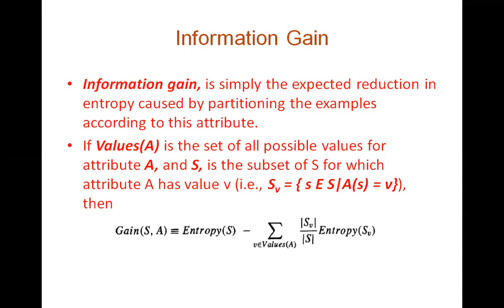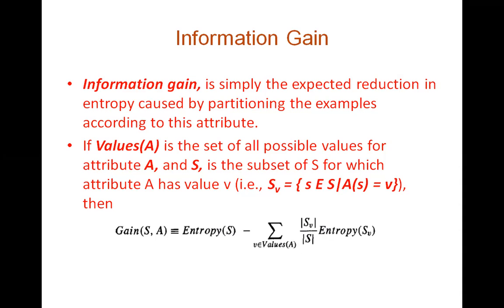For that reason, you need to calculate the information gain, and it is calculated using this formula: entropy of the entire table minus sum of Sv divided by mod S, times entropy of Sv. Sv represents the subset for a value; if that attribute has 3 values, for all values you need to calculate this. Is it clear?